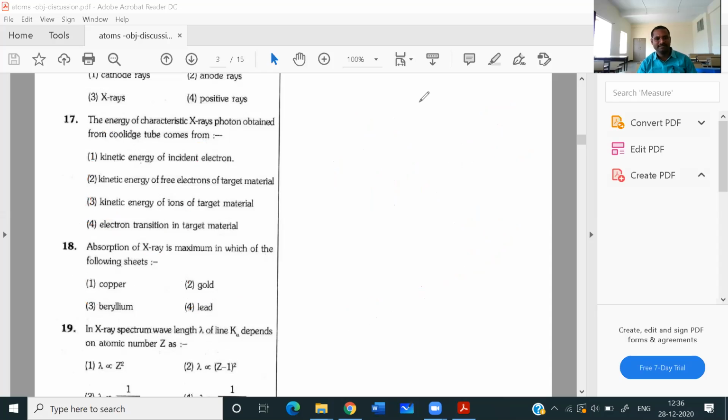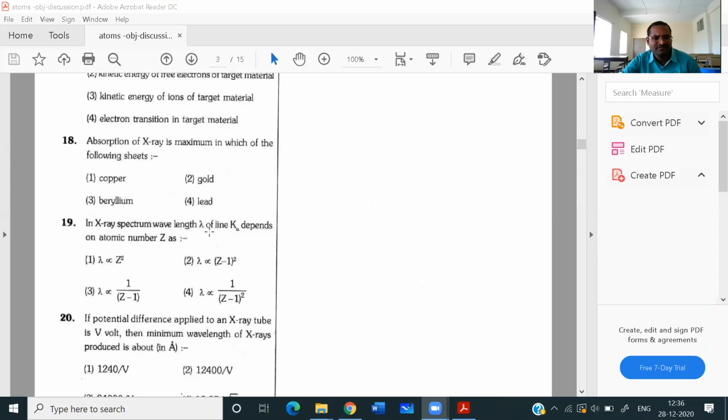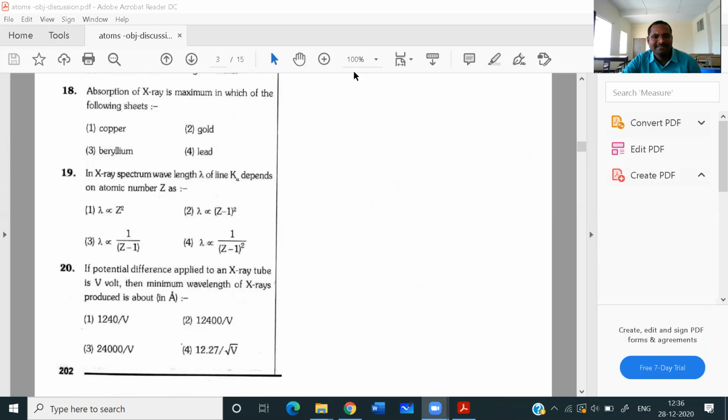Next, question number 19. In X-ray spectrum, wavelength lambda of K alpha depends on atomic number as. Yes, directly, lambda is proportional to 1 by (Z minus 1) whole square.